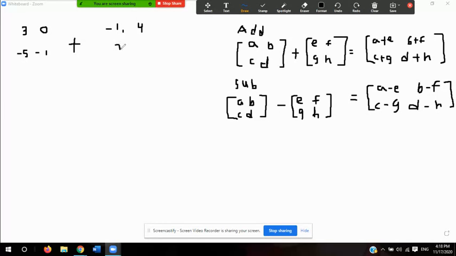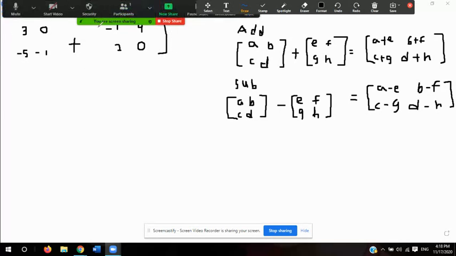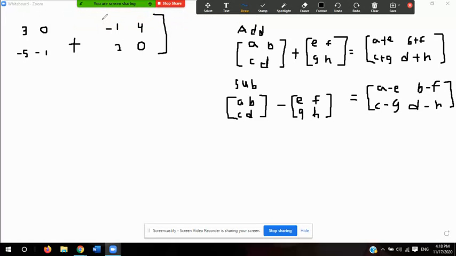Let me erase that because there's no commas in there. In fact, they're enclosed in brackets. So let me erase this real quick and arrange them in brackets. And they're two separate matrices.